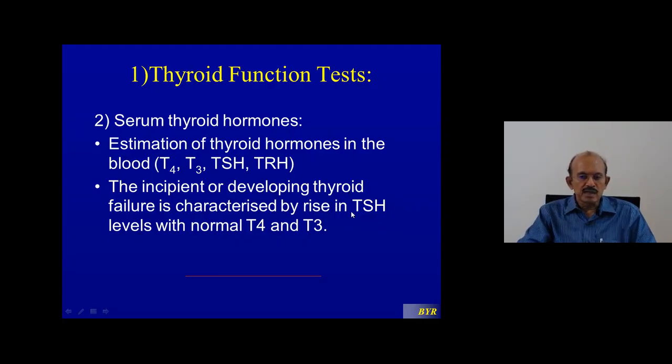If such is the case, then we call it an incipient thyroid problem. If TSH is more, we say it is incipient hypothyroidism. If TSH is less, we call it incipient thyrotoxicosis.